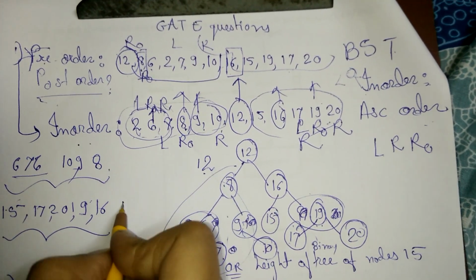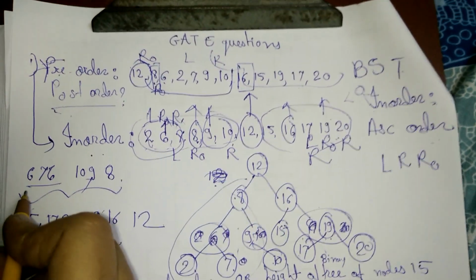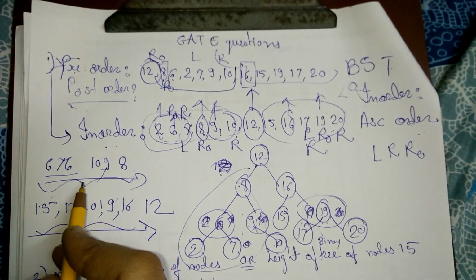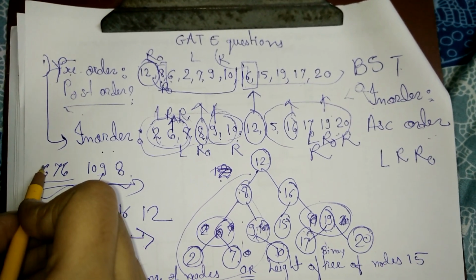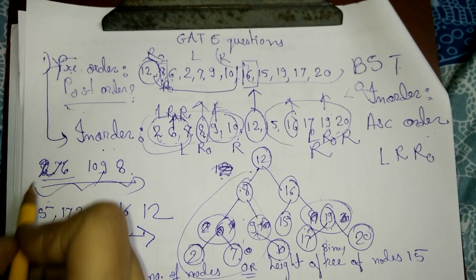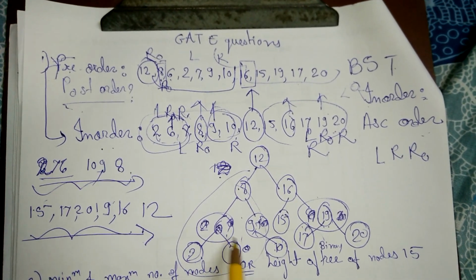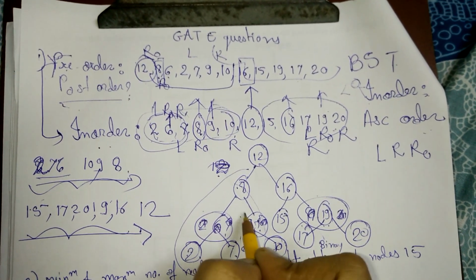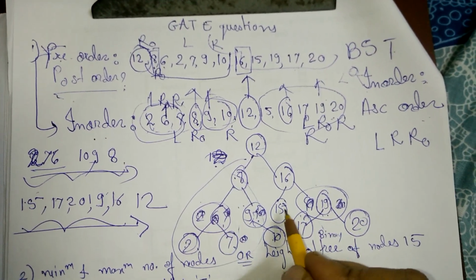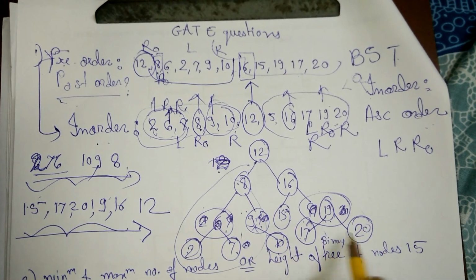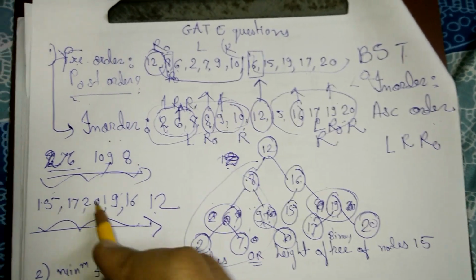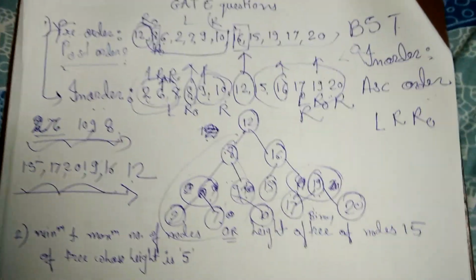After that, lastly I have to write down 12. So this is how my post-order sequence will look. Left, right, root, left, right, root, left, right, root, and lastly the root. So this is my post-order sequence.